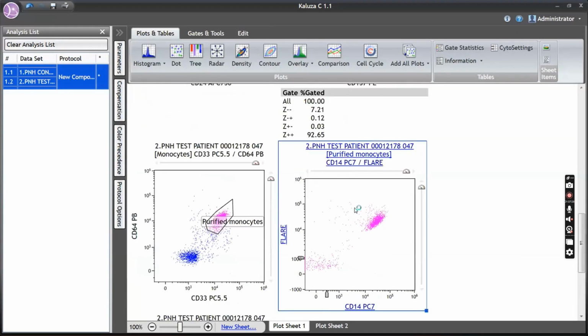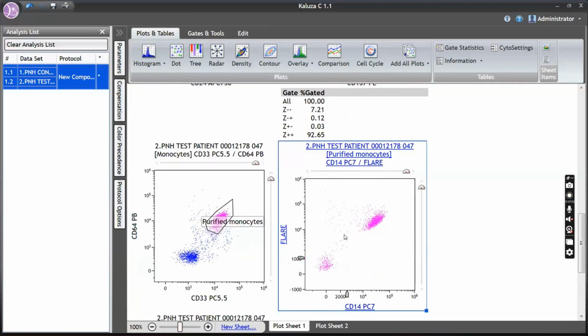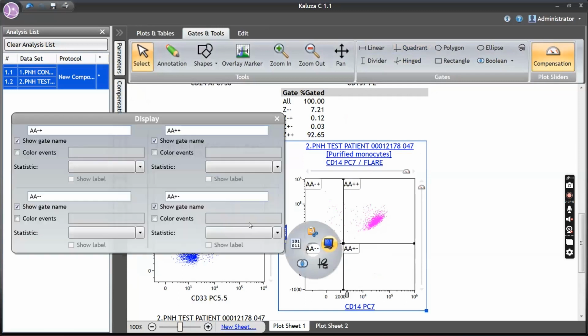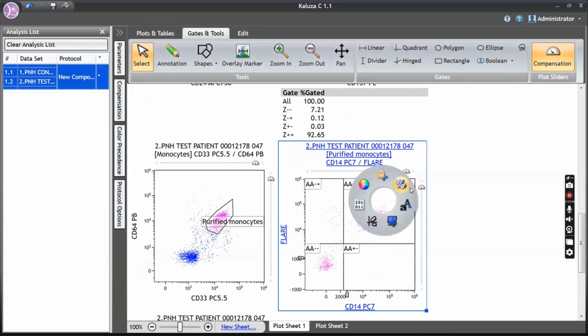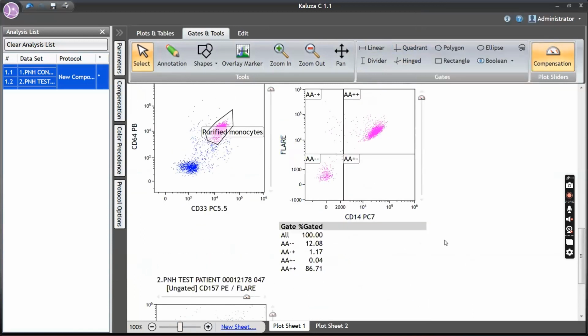Now drop the monocytes. Once you drop the monocytes, you find there are two populations. One is the normal population expressing CD14 and FLAER, and there is a clone of monocytes which are negative for FLAER and CD14. So check with the percentage. 12% is this particular population.